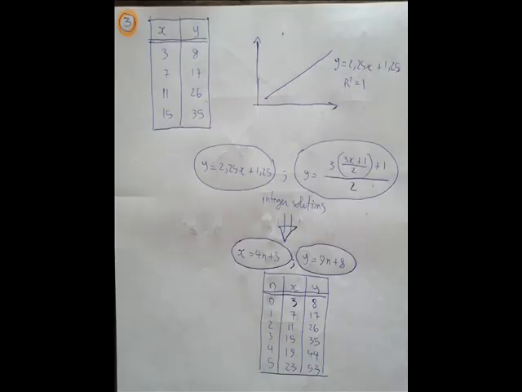For the number 3, we use 3, 7, 11, and 15 for x, and 8, 17, 26, and 35 for y. The equation is y equals 2.25x plus 1.25. Using this equation with the equation we use in iterations, the integer solutions will be x equals 4n plus 3 and y equals 9n plus 8.